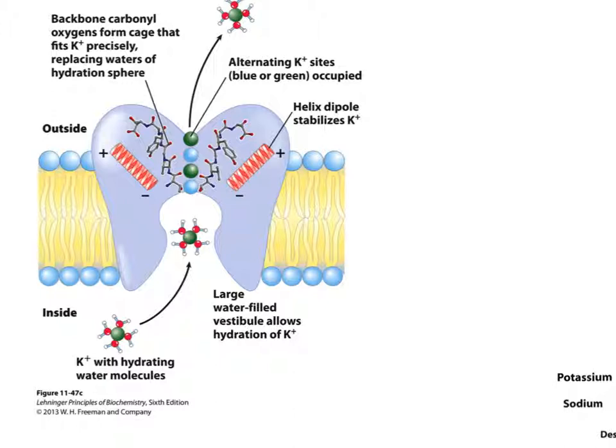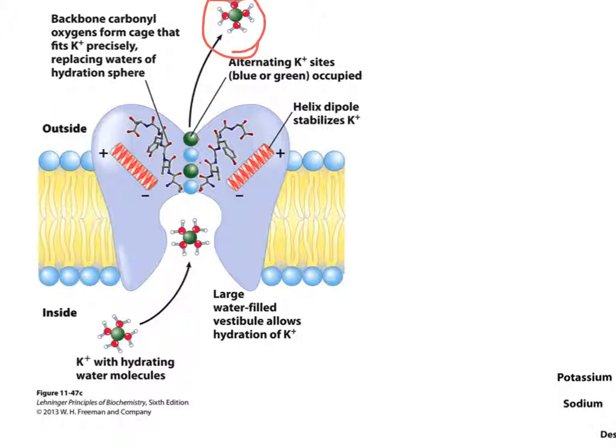With the ion channels, we start off with a hydrated potassium ion in this case. The water molecules are going to have to be removed from that potassium ion, stripping it down to just the naked ion that can bind in the channel, and we have these alternating ion binding sites.